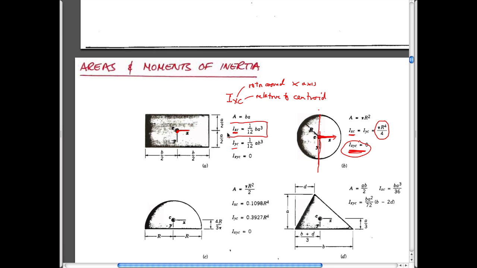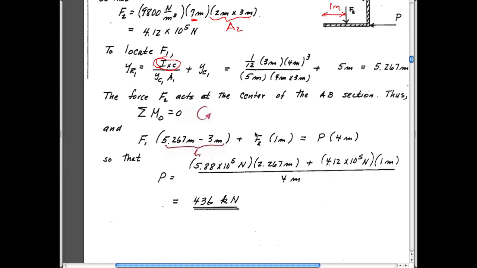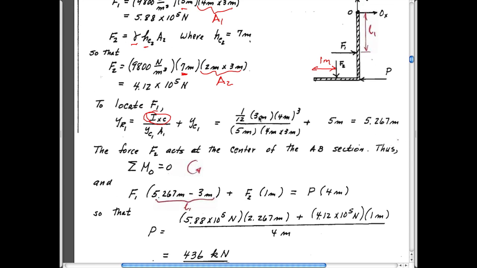This is the plan of the plate. So this is the width: our plate is 3 meters wide and 4 meters tall. This is B, this is A. So it's 3 times 4 cubed divided by 12. That was the expression we had in the derivation we did. So 1/12, 3 times 4 cubed.